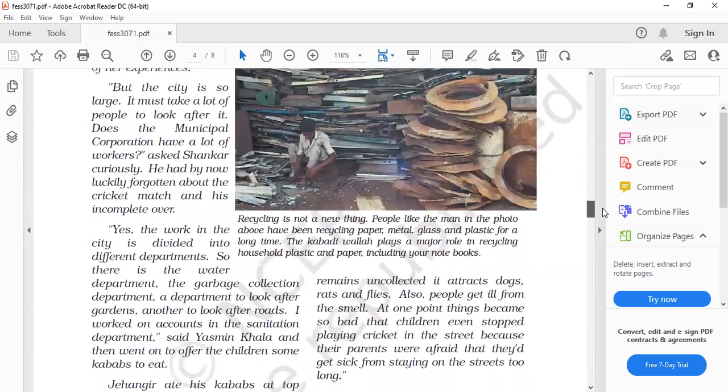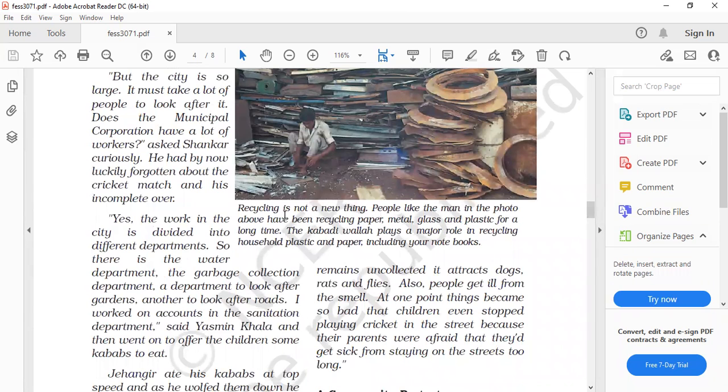Here you can see recycling. Recycling, who plays? This is another important question. This is a very short answer type question. That is, who plays a major role in recycling household plastics and paper? See, here is your answer.